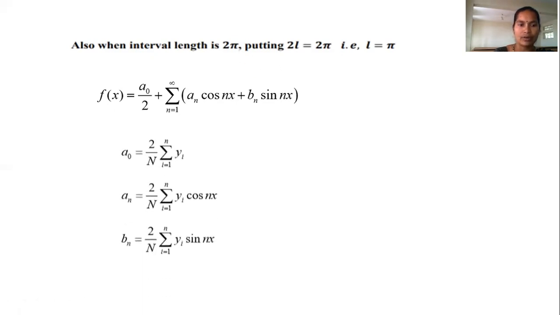Again, the formula for a naught is 2 by n summation of i from 1 to n yi, an is 2 by n summation of i from 1 to n yi cos nx, and similarly bn is 2 by n summation of i from 1 to n yi sin nx.